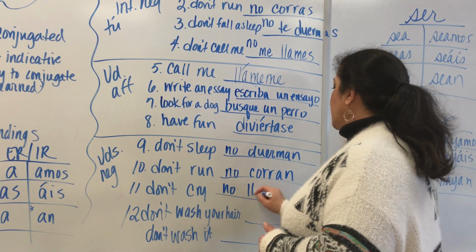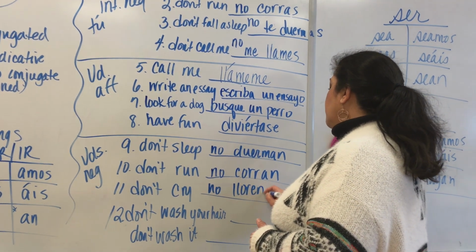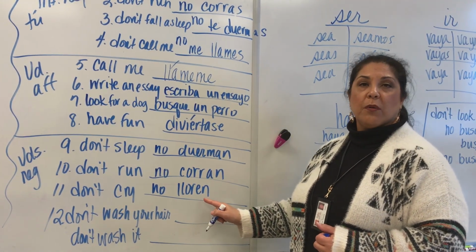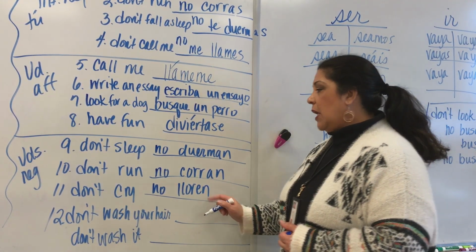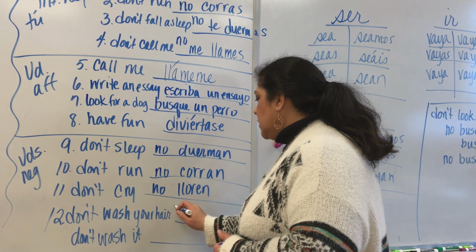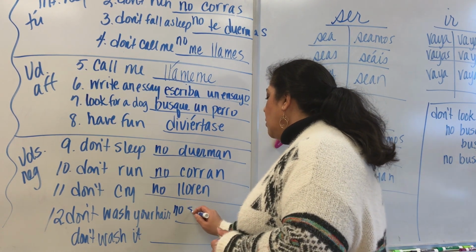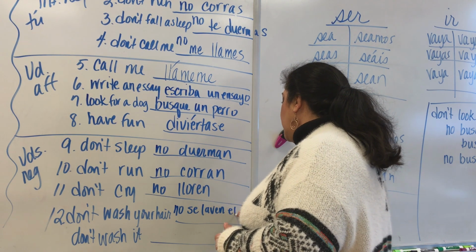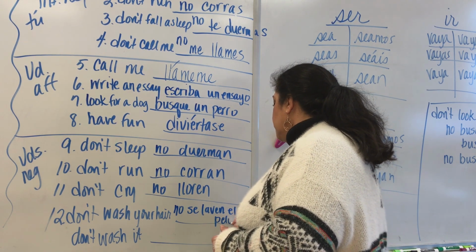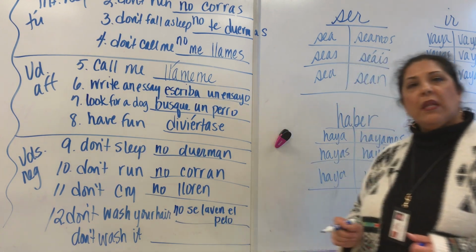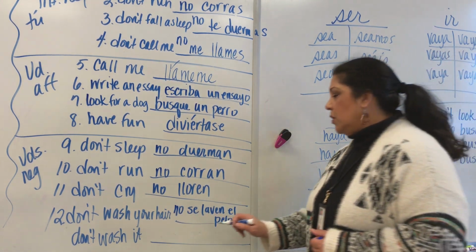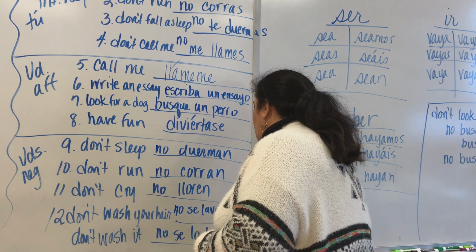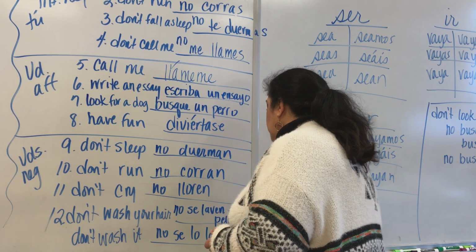You can get this. No lloren. Llorar, L-L-O-R-A-R is the original verb. I need the opposite ending, so it's en. Don't wash your hair. This is a long one. No se laven el pelo. And let's make it even shorter. Don't wash it. No se lo laven.